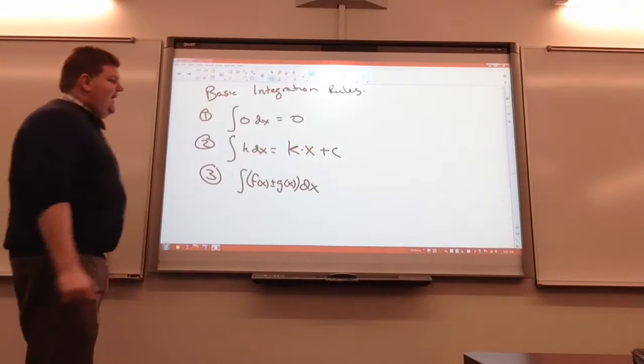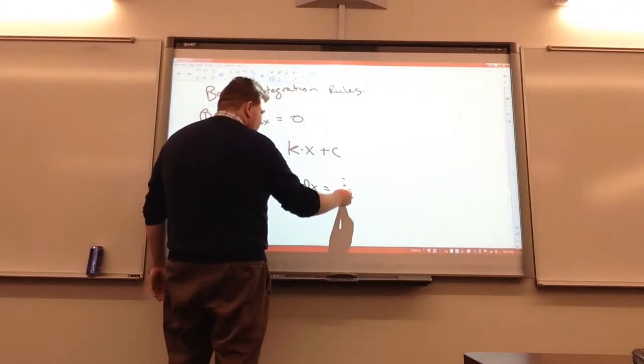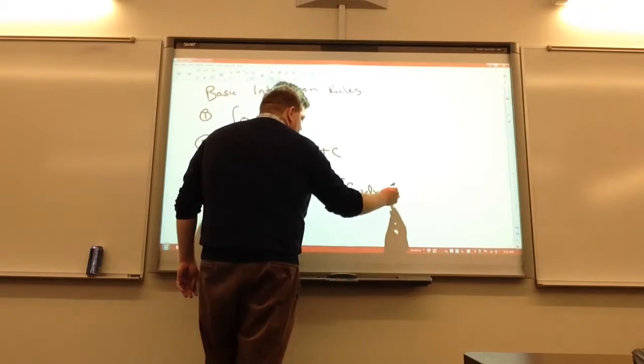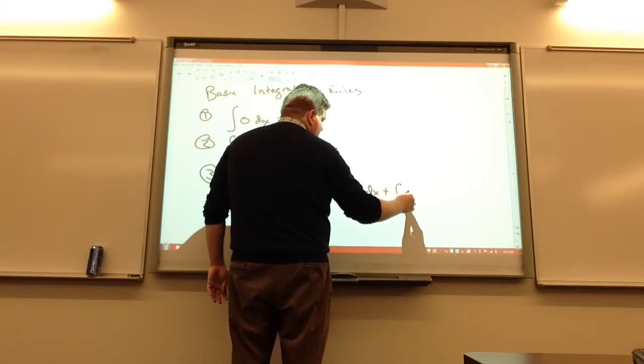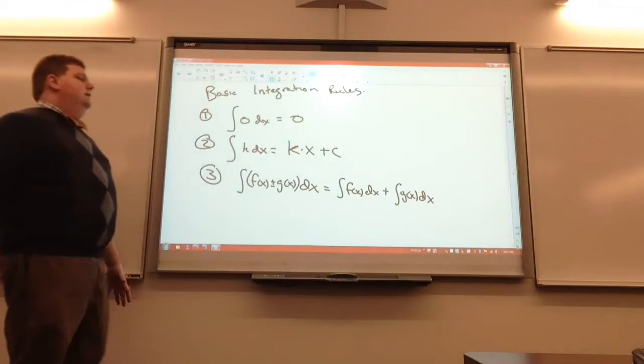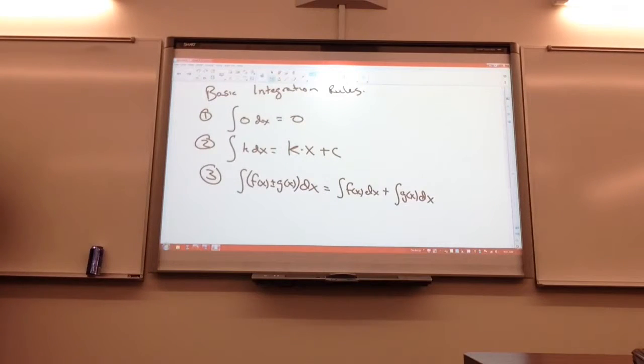So I can rewrite this as the integral of f of x plus the integral of g of x. So again, that's going to be useful. If you need to, you can split integrals up amongst different addition problems. Those are some of the three basic ones. Kind of a fourth one.